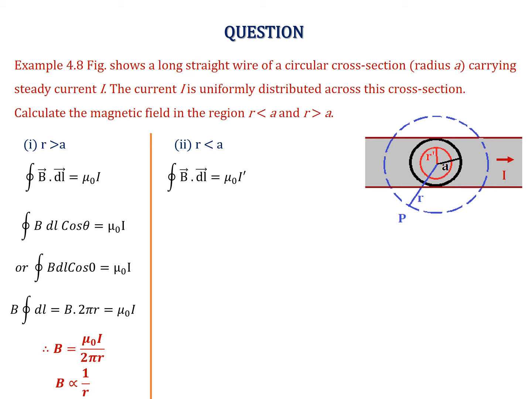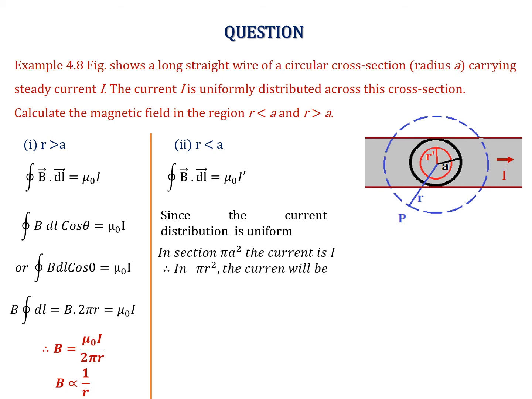To find I dash, we make use of the given condition that current is uniformly distributed across the cross section. As a result, over the section pi a square, the current is I. Hence, for the section pi r square, because distribution is uniform, we can just find out the current in the area pi r square.